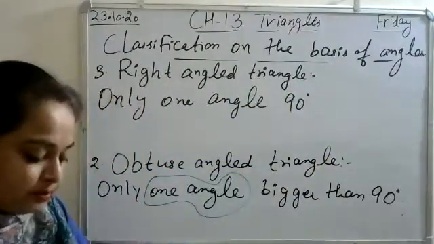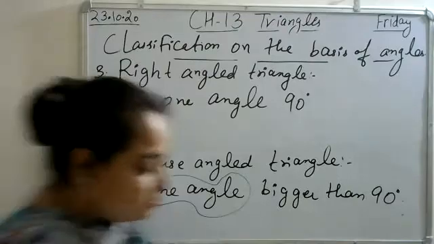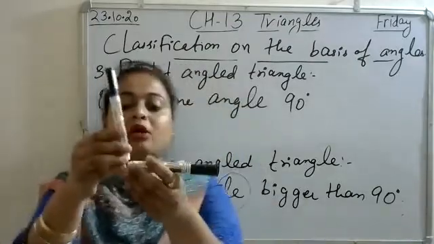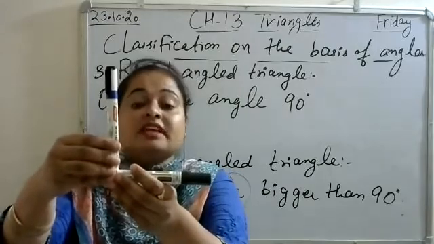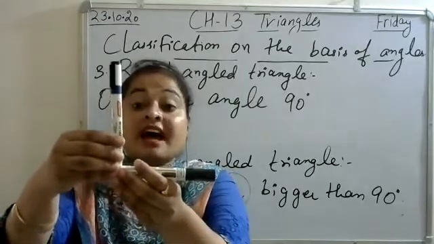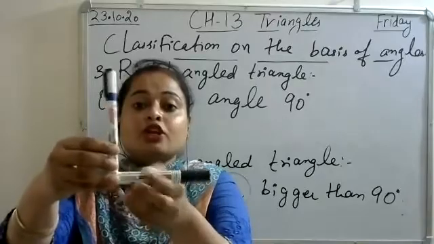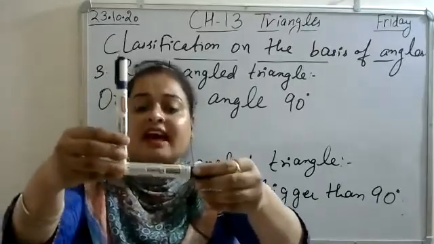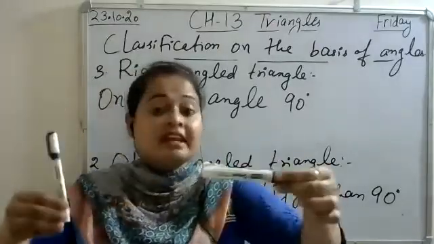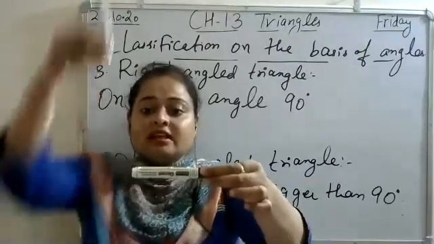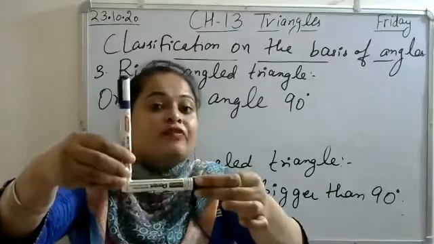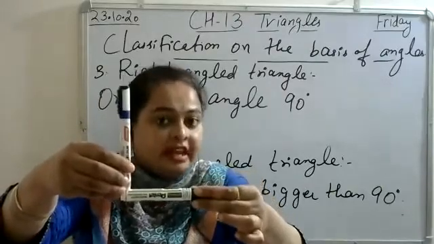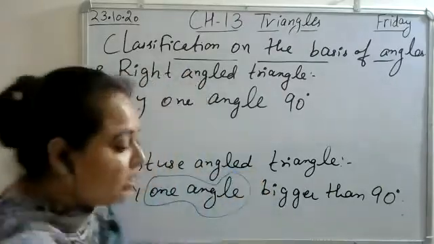Now look, this is a right angle. Whenever you observe straight lines like this, a horizontal line and a vertical line, it means the formation of a 90 degree angle.